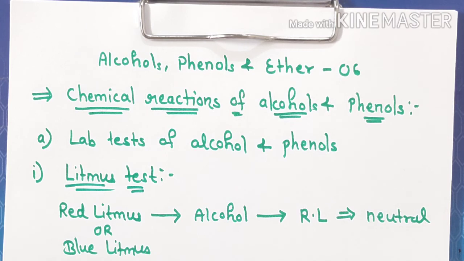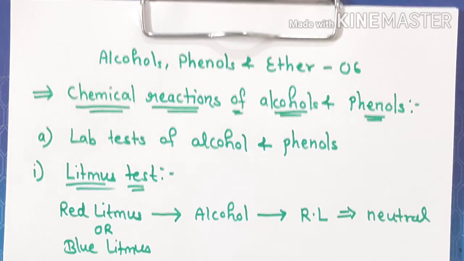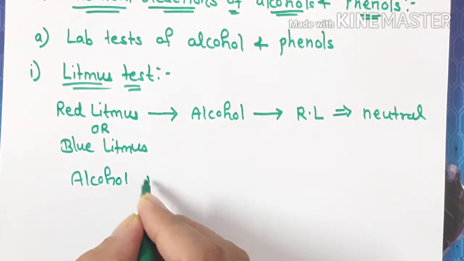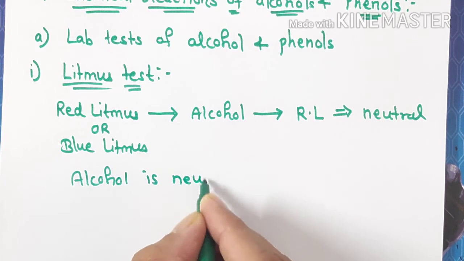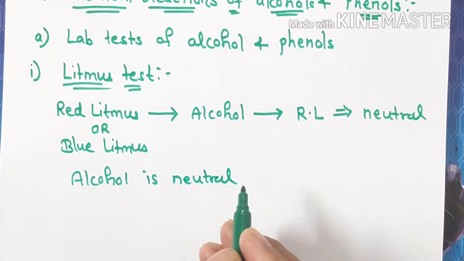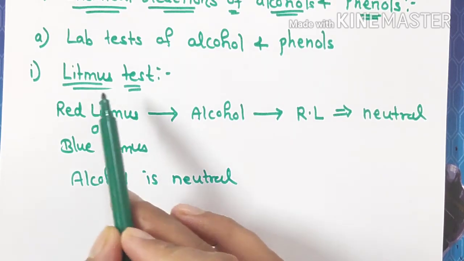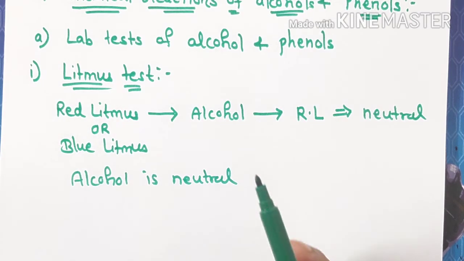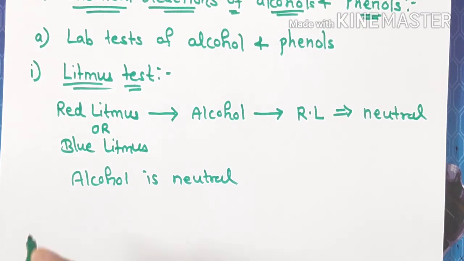So I'm writing the result: alcohol is neutral, and this result is given by the litmus test.